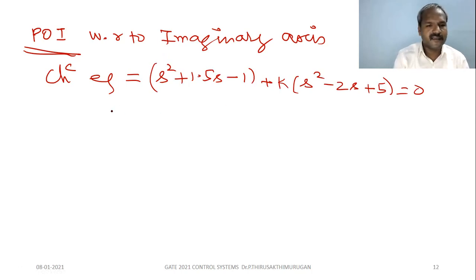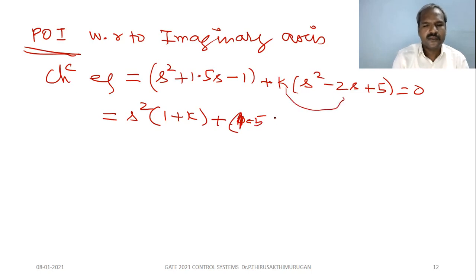We can simplify this by taking s square into (1 plus k), then plus (1.5 minus 2k) of s.